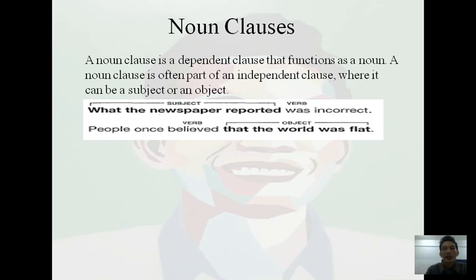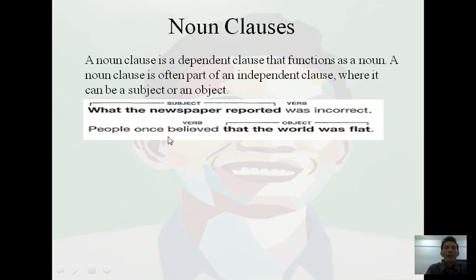Maybe I would like to change these clauses into the subjects. For example, the information was incorrect. What is the information? I replace it with a dependent clause like what the newspaper reported here.